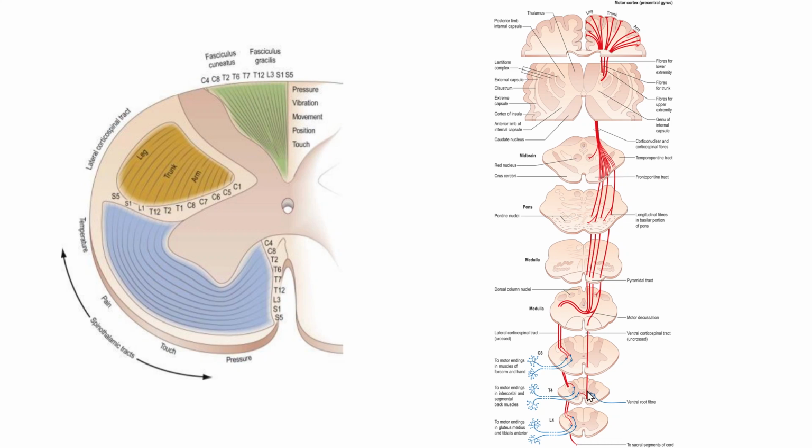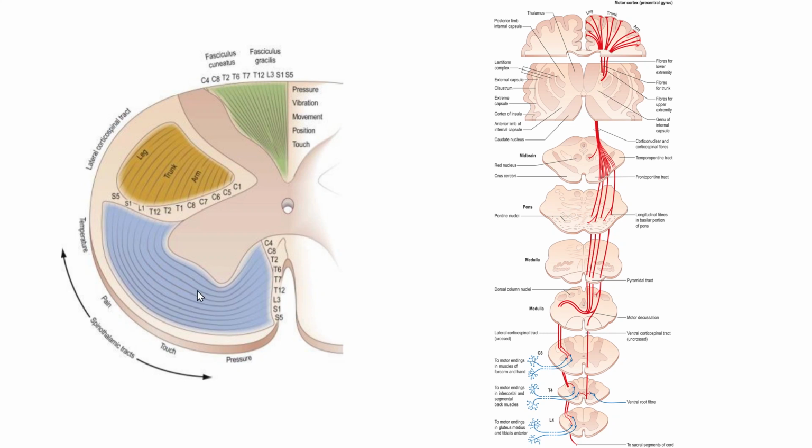Now, I just want to mention one more thing, and that is the somatotopic organisation of the lateral corticospinal tract. Don't worry about the ventral corticospinal tract, but we do need to know about the somatotopy of the lateral corticospinal tract. So in the sensory system, we've already encountered somatotopy within these pathways, and we know, for example, within the dorsal column pathway, the lower portions of the body are represented most medially, whilst the upper portions of the body are represented most laterally.